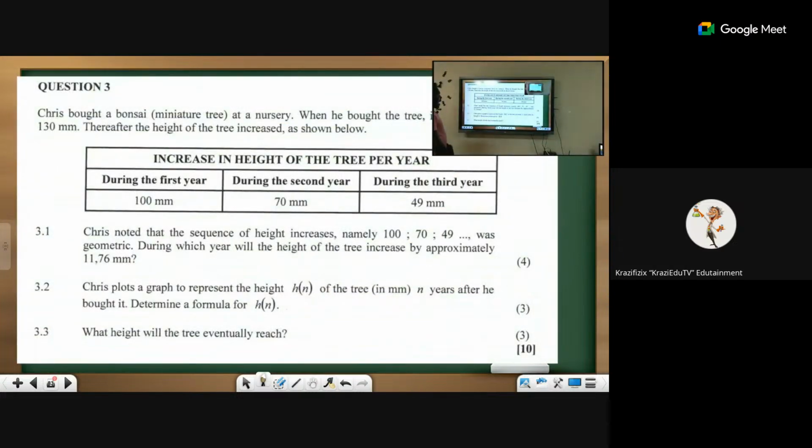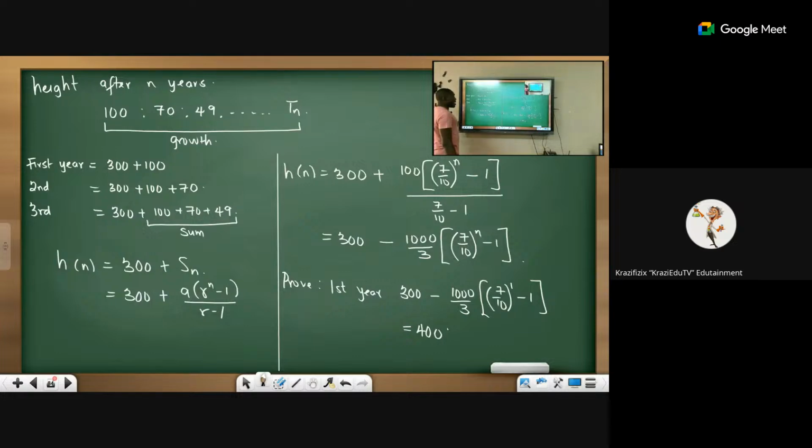What height will the tree reach eventually? Because we don't know how many years, eventually it's infinity. Oh, so the examiner is saying sum to infinity. But since they are talking about height, what would it be?